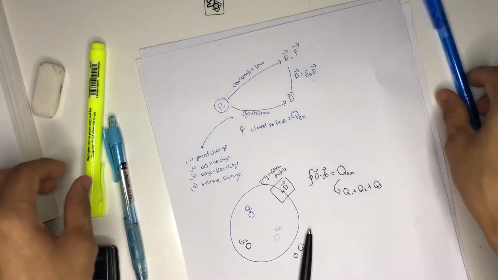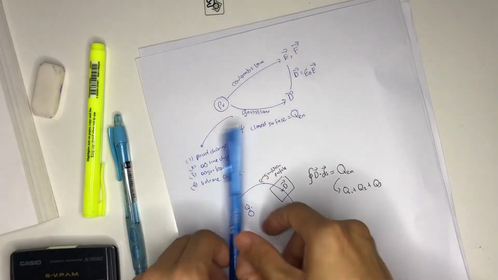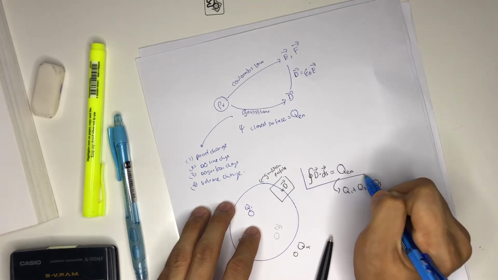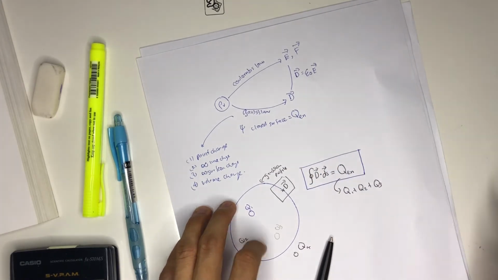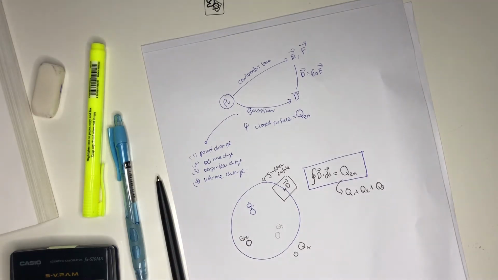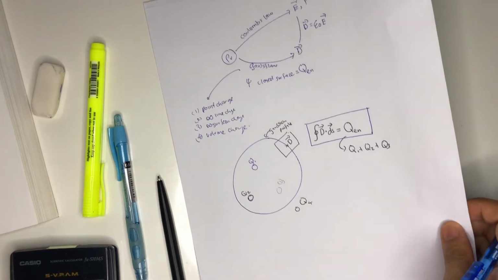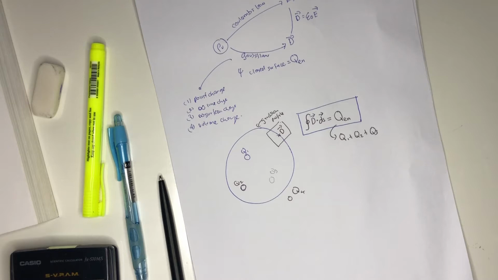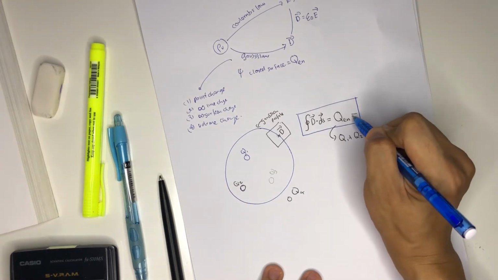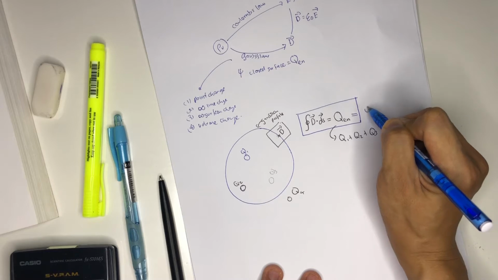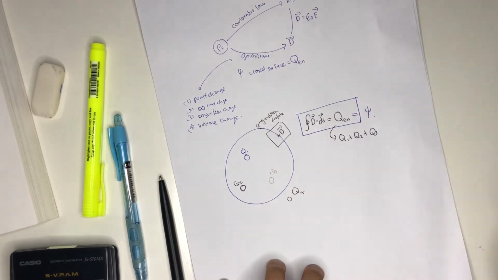So this is your equation for the Gauss law, which is equivalent to your total flux.